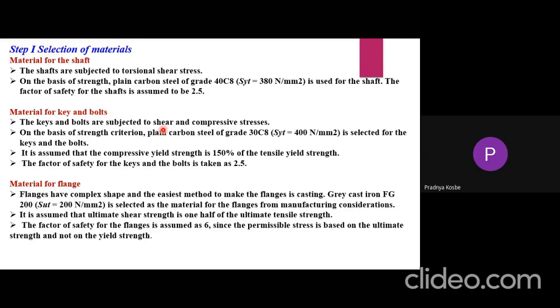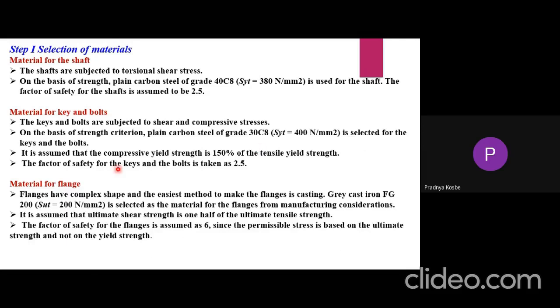Similarly, bolts are used to connect the two halves of the flange, and they will also undergo shear stress and compressive stress. So the keys and bolts are subjected to shear and compressive stress. On the basis of compressive strength criteria, plain carbon steel grade 30C8 with SYT 400 Newton per mm square is selected for the keys and the bolts.